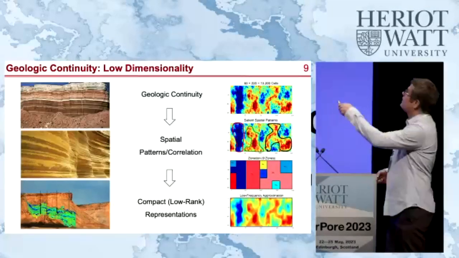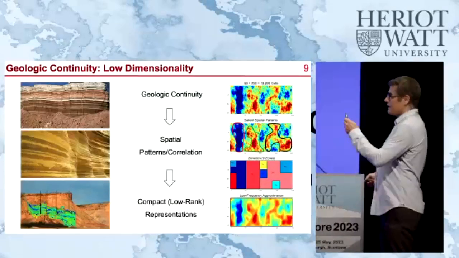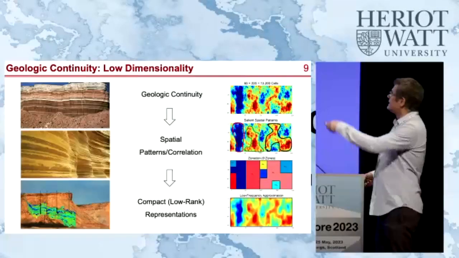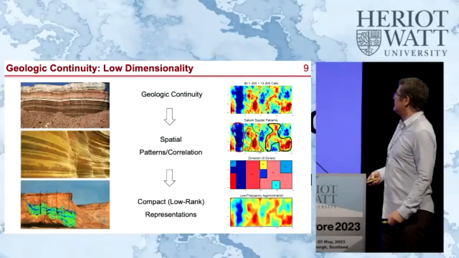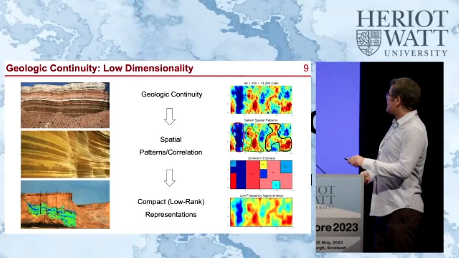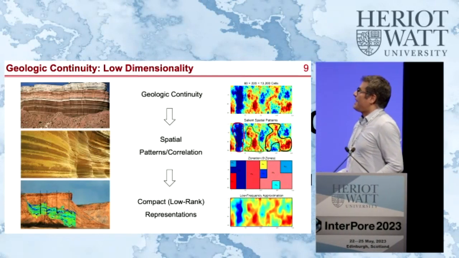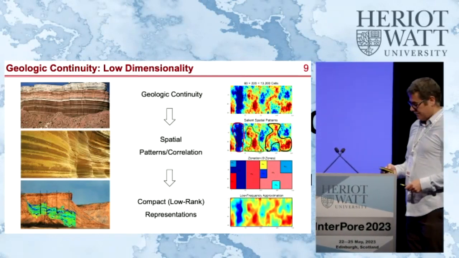In this example, if you want to reduce this problem very aggressively, you can end up having very few parameters for different zones that capture the geological heterogeneity that you see in the field. There are also more sophisticated approaches that allow you to do that in a mathematically more advanced fashion.